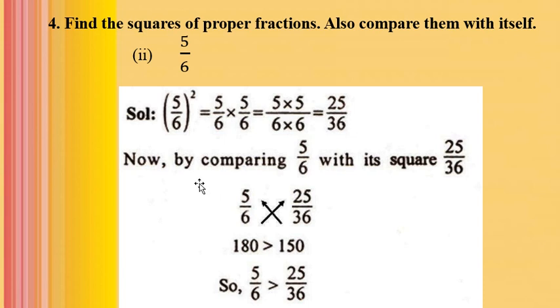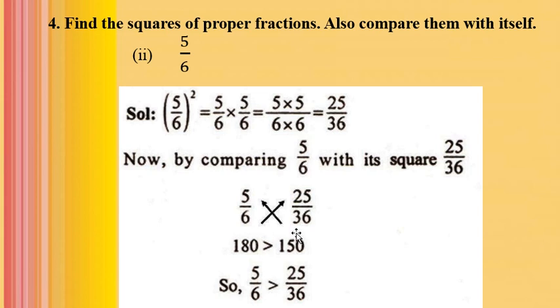Now we are going to compare the original number, or the given number, with its square. So I am writing the given number on the left hand side, that is 5 upon 6, and the square of that given number on the right hand side, 25 upon 36. And I am doing a cross multiplication. You are watching the sign of that cross multiplication.